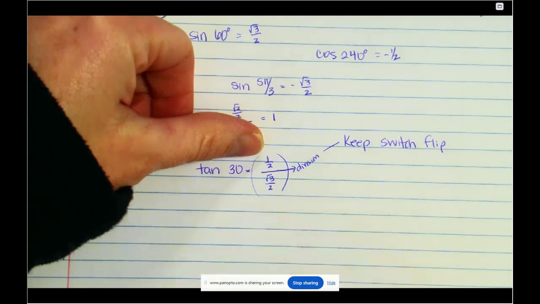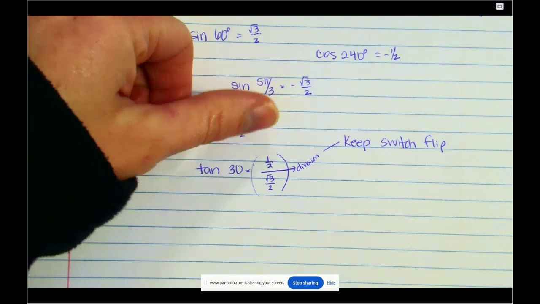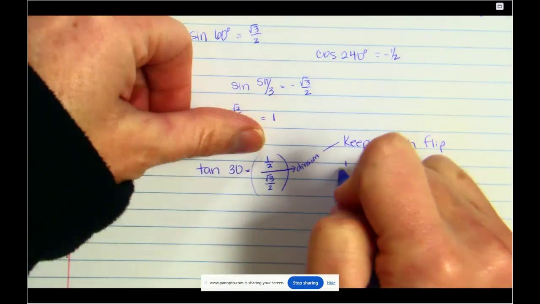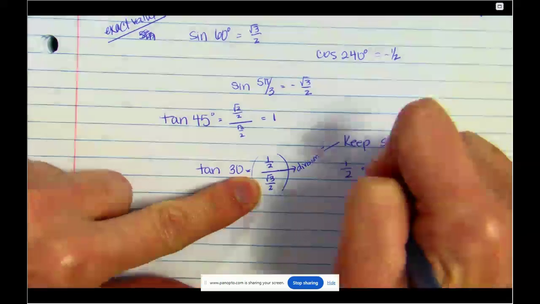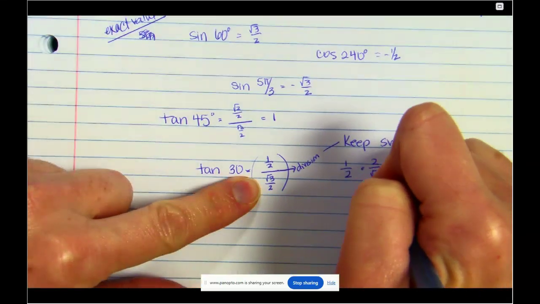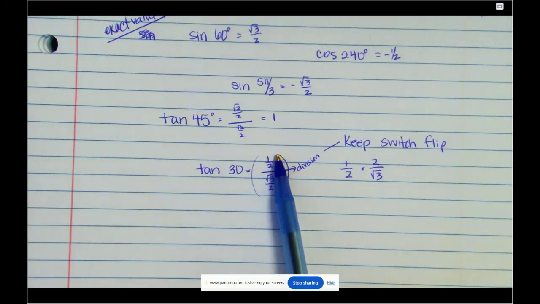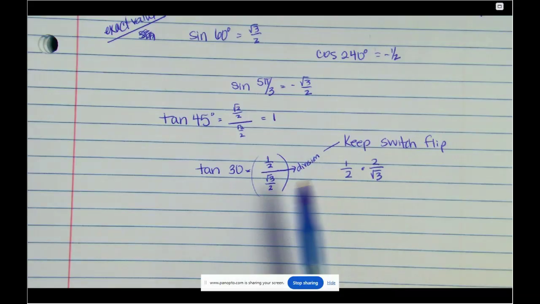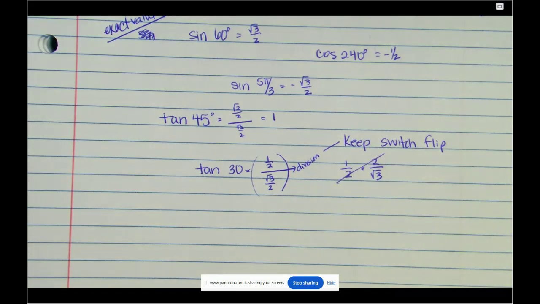But you have to have the exact value, which means it's got to be in terms of square roots. So keep, switch, flip. You keep the 1/2, switch to multiplication, and flip this over, so 2 over square root of 3. These 2's cancel because you have one on the top, one on the bottom.